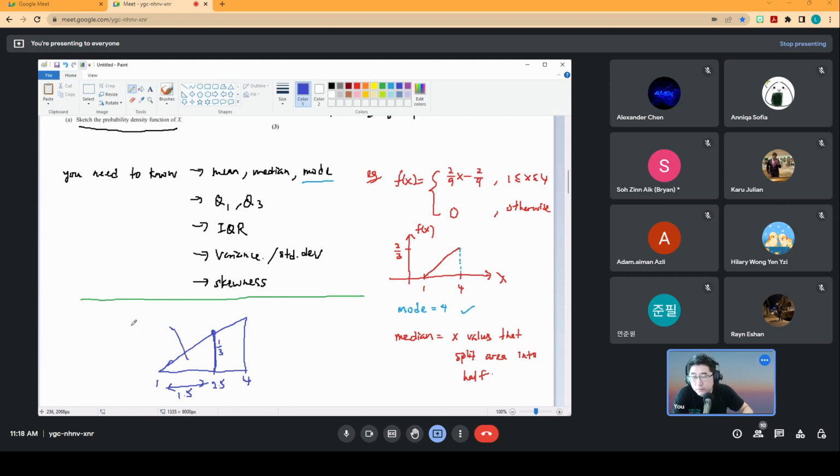This area is 1 over 2 times 1.5 times 1 over 3.